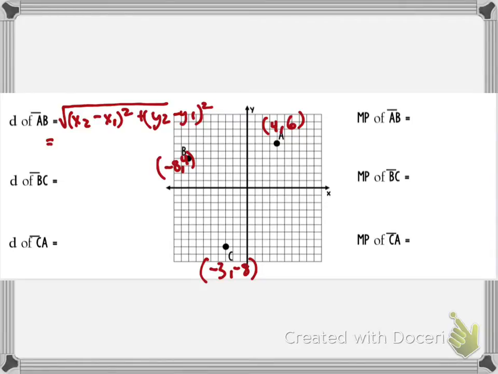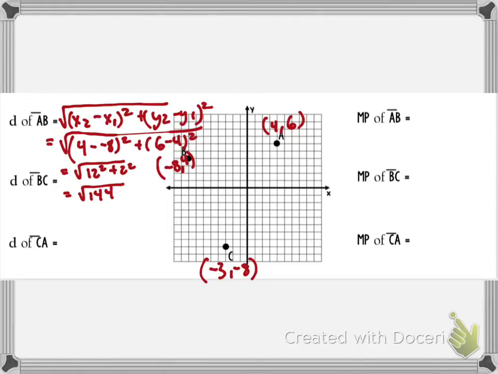I'm going to have the square root of 4 minus -8 squared plus 6 minus 4 squared. This will give me the square root of 12 squared plus 2 squared, which is the square root of 144 plus 4.